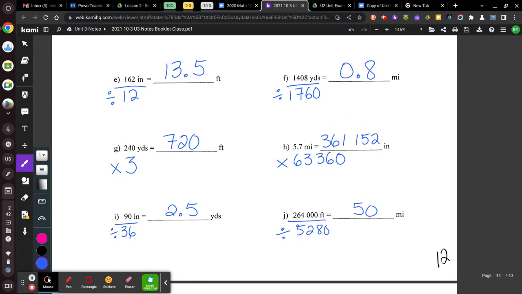Okay, make sure you get everything copied down properly. Whether you're multiplying or dividing, that's the part that matters. Because whether you're going up or down on your scale on the chart, that's going to tell you whether you multiply or divide.